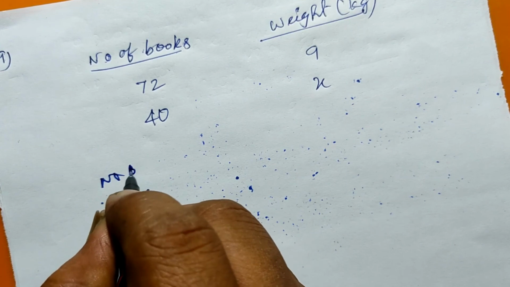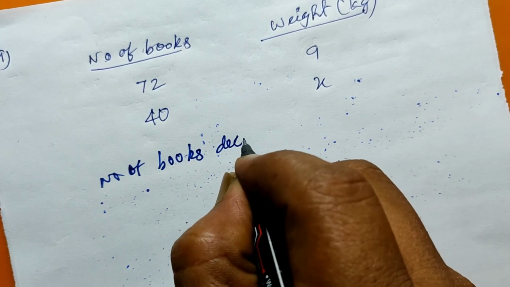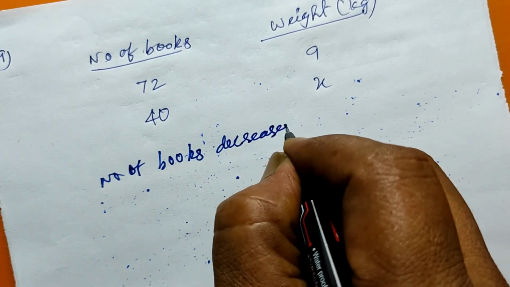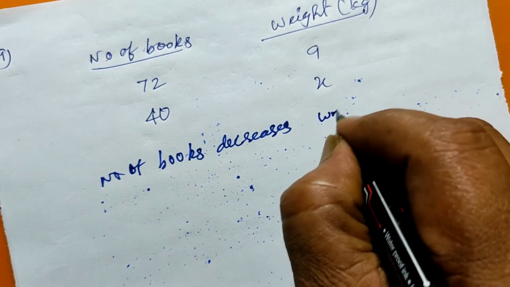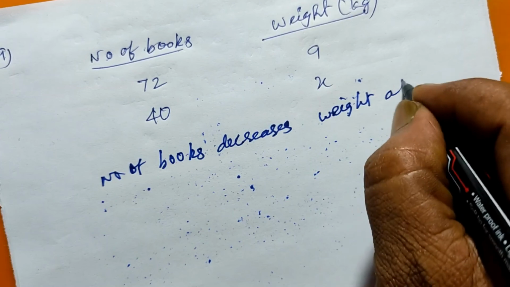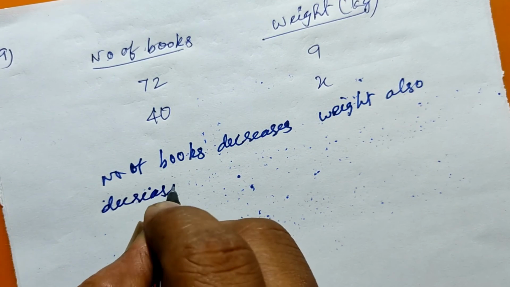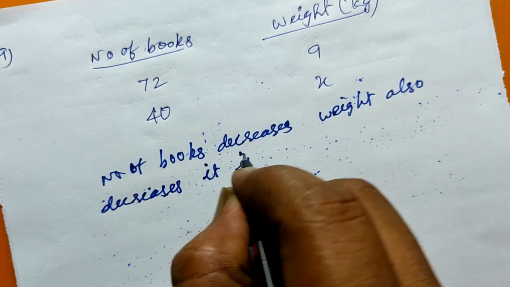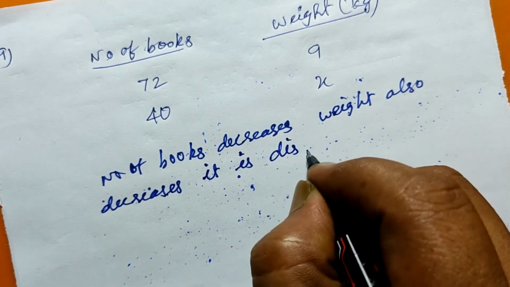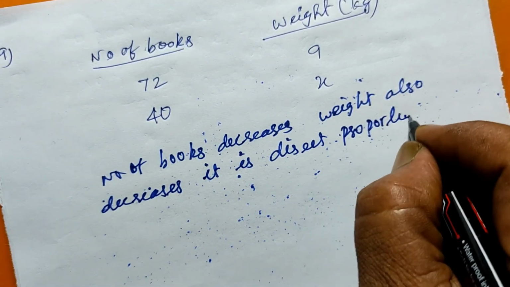Number of books decreases, weight also decreases. It is direct proportion, right?